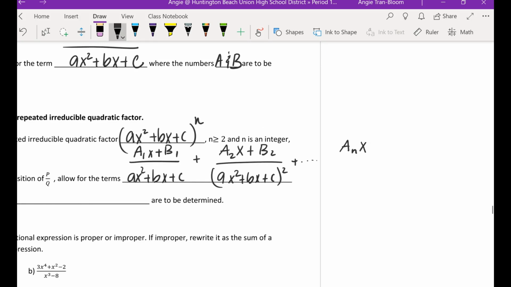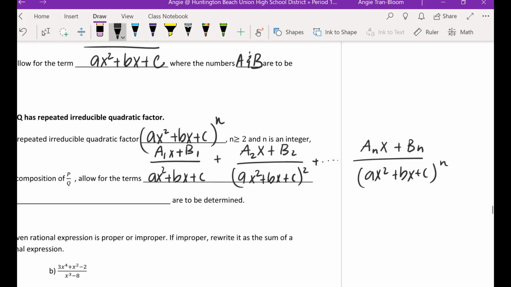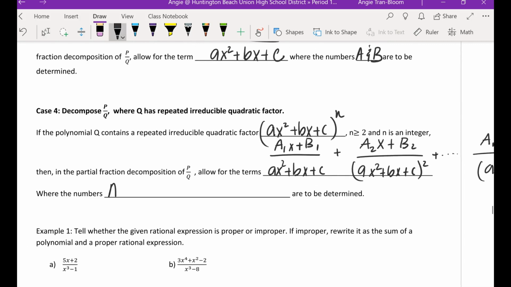A subscript n times x plus B subscript n divided by (ax squared plus bx plus c) all to the nth power. Where A1, B1, A2, B2, An, and Bn are all to be found by us. So that's just purely the definition. We are going to look at the next video for the example, but this is the end of our definition.